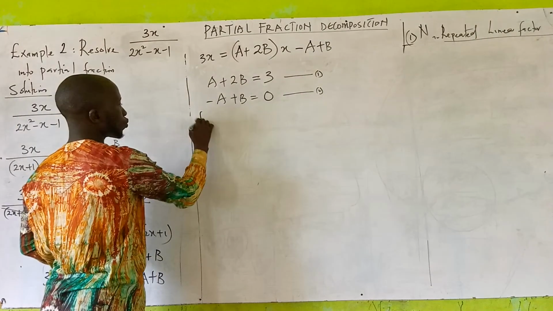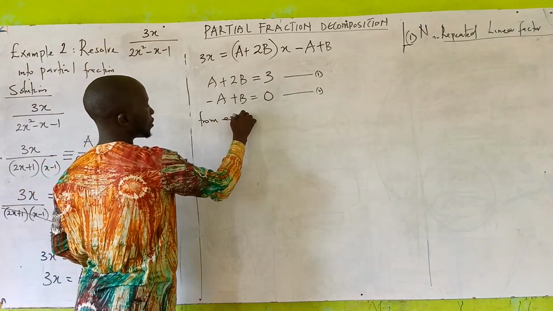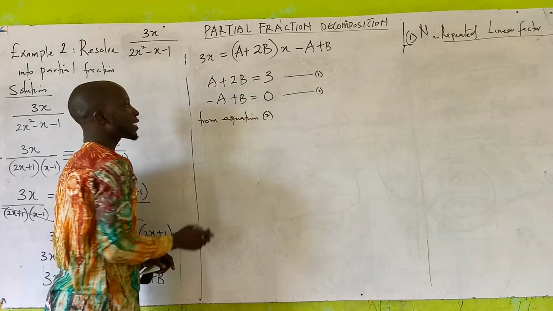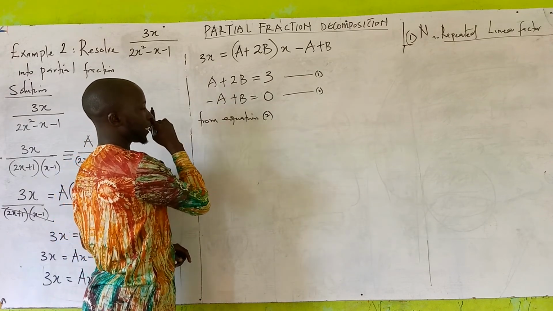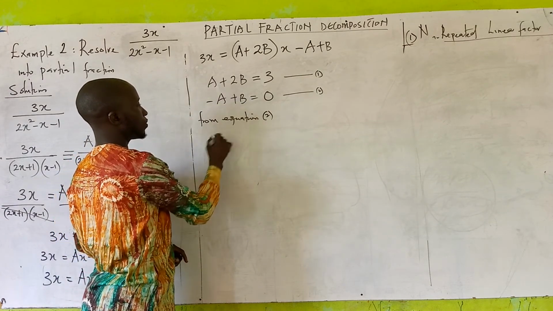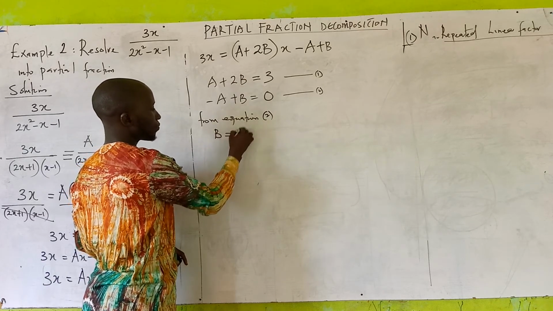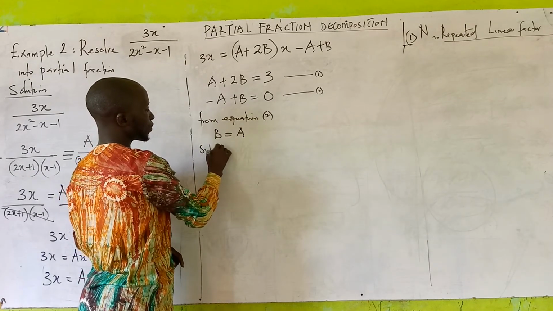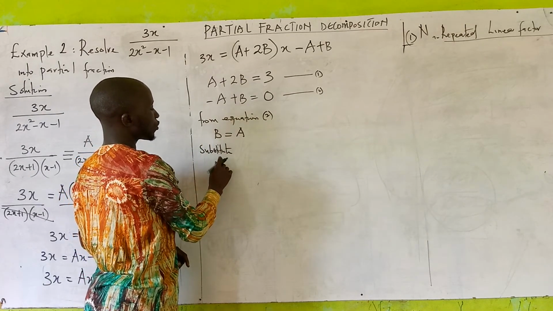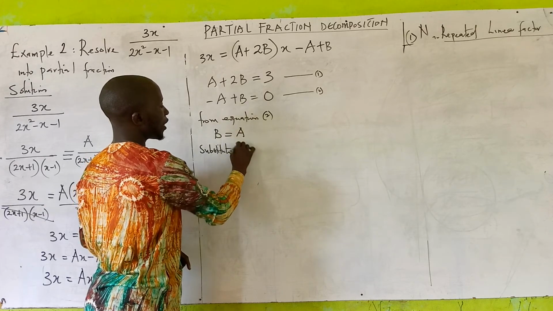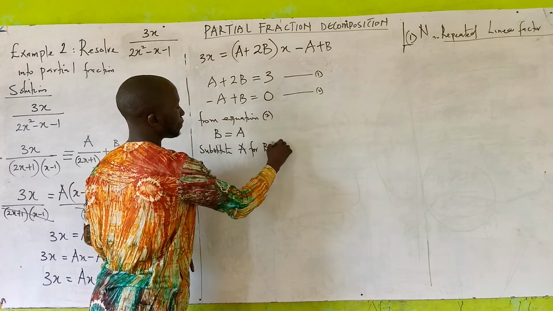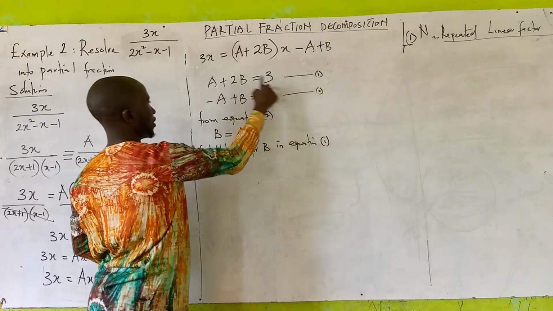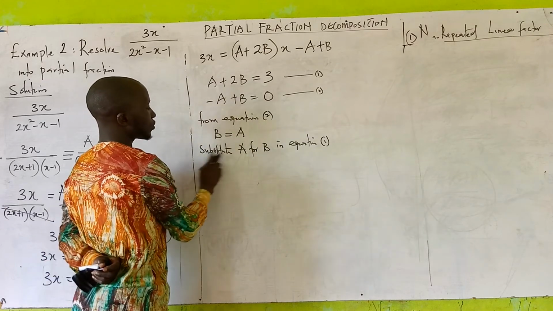Now, from equation 2, we can make b the subject here. And if we make b the subject, we say b equals to a. Can we see that? Now, substitute a for b in equation 1.